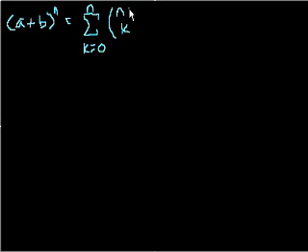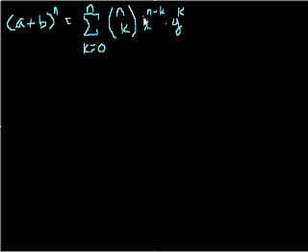We're going to keep incrementing k up from 0 to n, of x to the n minus k times y to the k. I know that looks complicated, but if we do a couple of concrete examples, I think it should make a reasonable amount of sense.